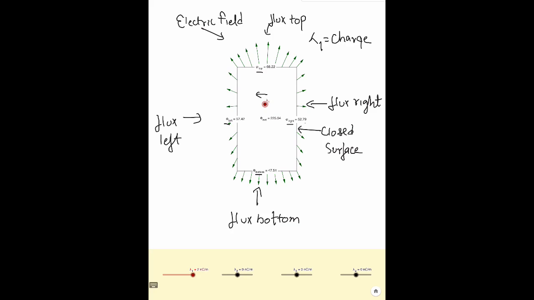Now the next thing I'm going to do is catch hold of this lambda again and take it out of this box.